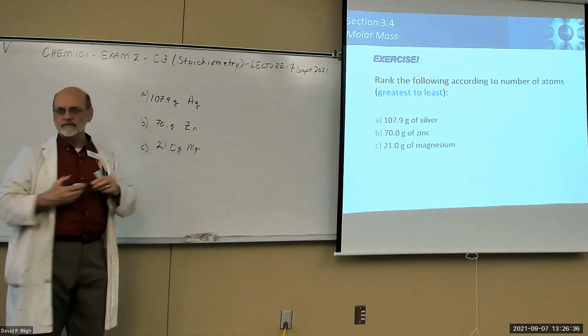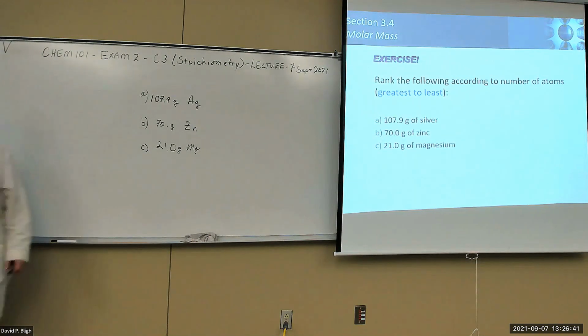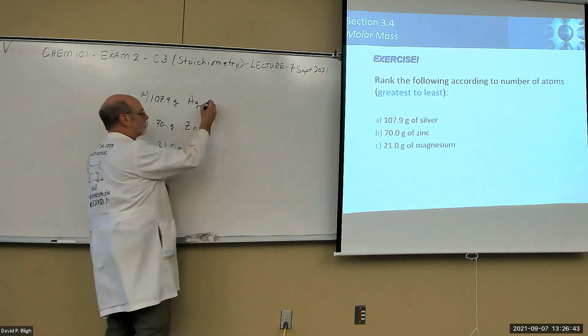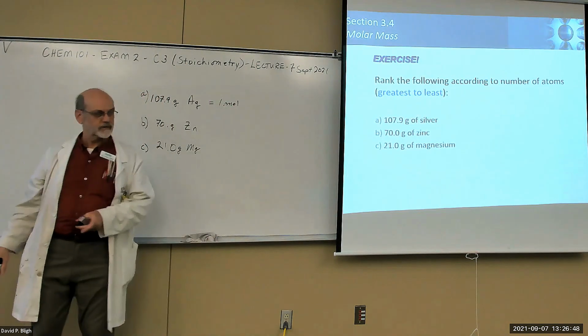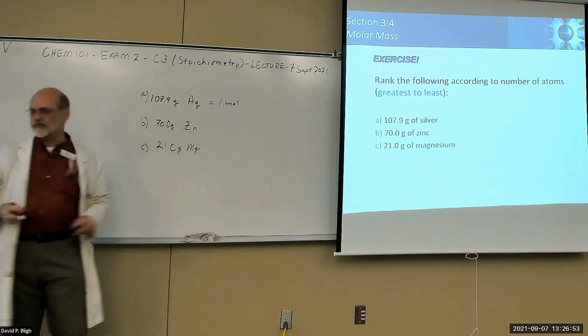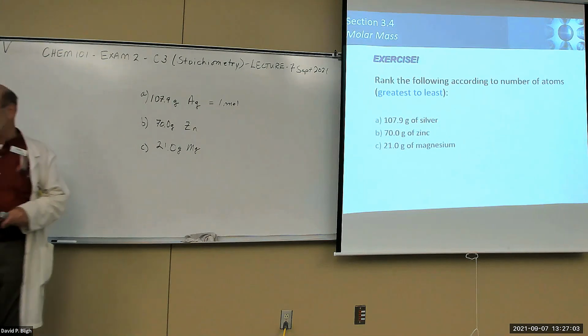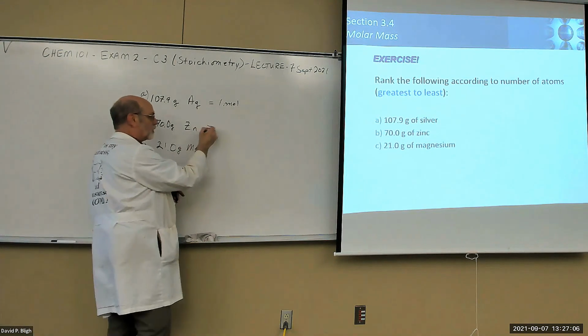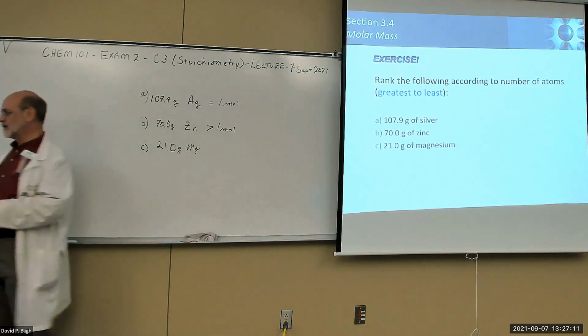107.9 grams of silver. What's its molar mass? Let's see, 107.9. So this is equal to 1 mole. How about zinc? 70.0 grams of zinc is greater than a mole, right? 65.8 would be a mole. So this is greater than a mole. How about 21 grams of magnesium?